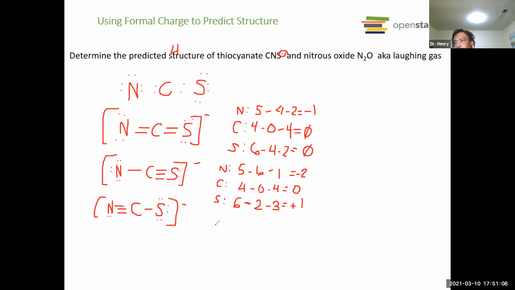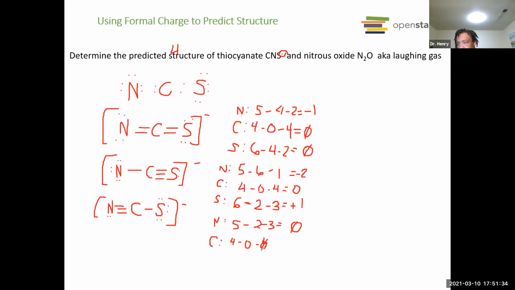And the last option, we have N. So we have 5 minus 2 minus 3. So that equals 0. We have C, that's going to be equal to 0. Whoops.